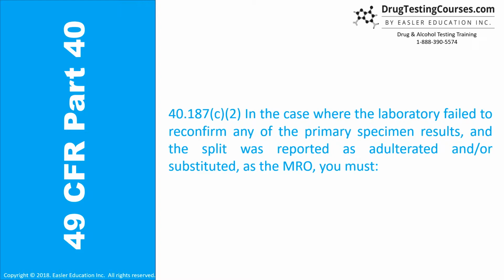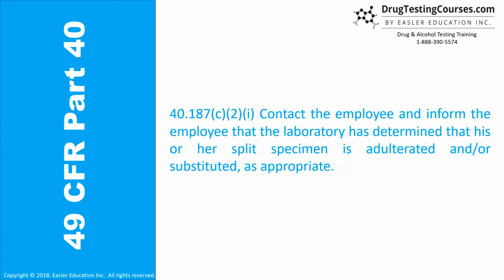40.187C2. In the case where the laboratory failed to reconfirm any of the primary specimen results, and the split specimen was reported as adulterated and/or substituted, as the MRO, you must. 40.187C2 sub 1.